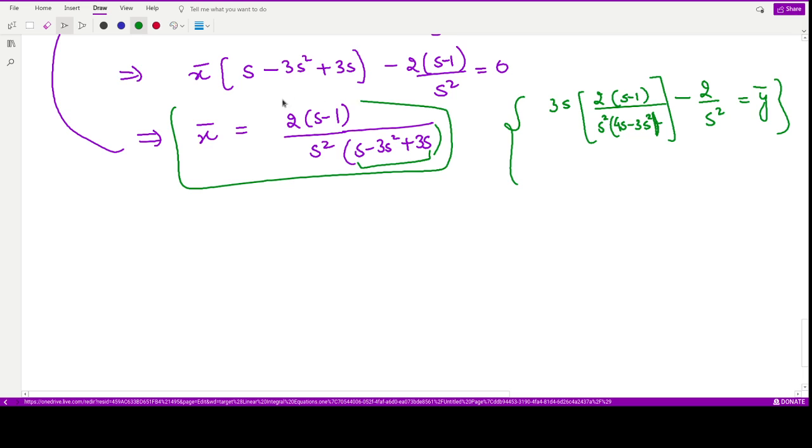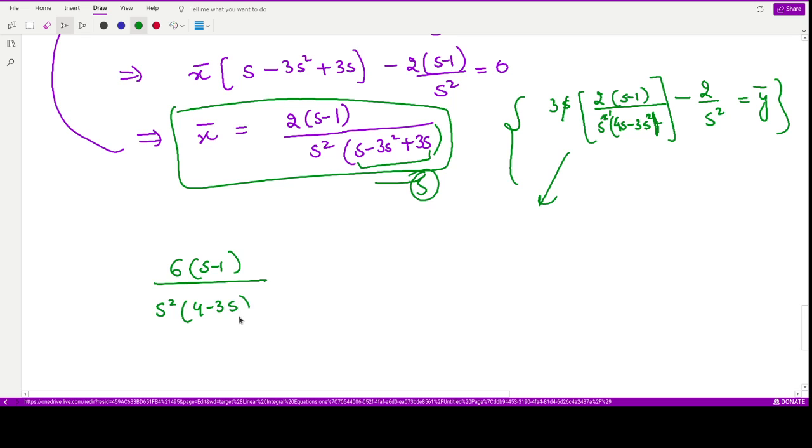This is our equation number 5, say. So we can simplify this. So this s cancels with 1 power here. Okay, so we have (6s minus 1) divided by s square (4 minus 3s) minus 2 by s square is equal to y bar. Actually we won't take the LCM. Why? Because we have to perform the inverse Laplace transform.